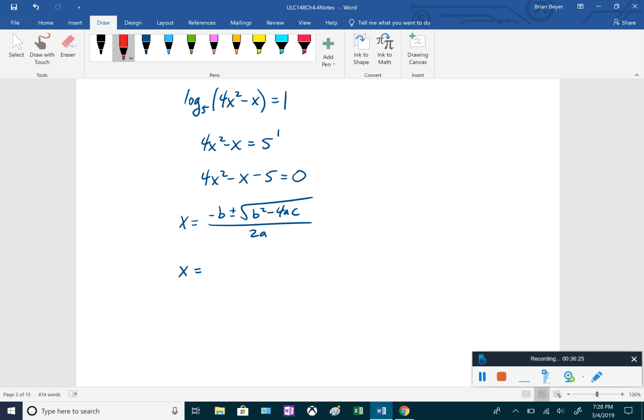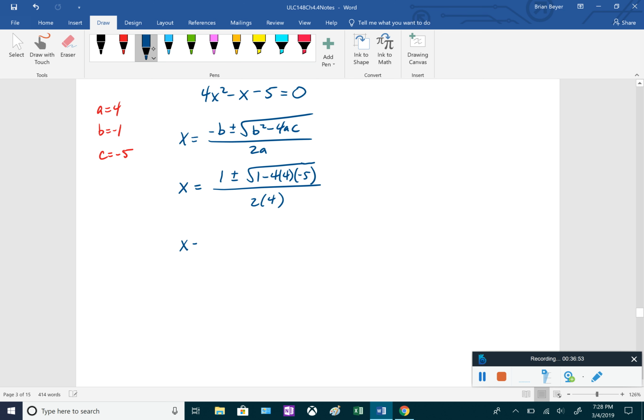Our a here is 4, our b is negative 1, and our c is negative 5. So it's going to be negative negative 1, which is positive 1, plus or minus the square root of b squared. B squared is going to give us positive 1 because it's negative 1 squared, minus 4 times a, which is 4, times c, which is negative 5, all over 2 times a, which is 4.